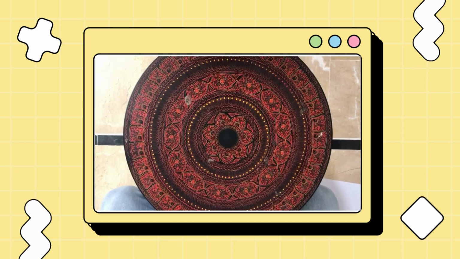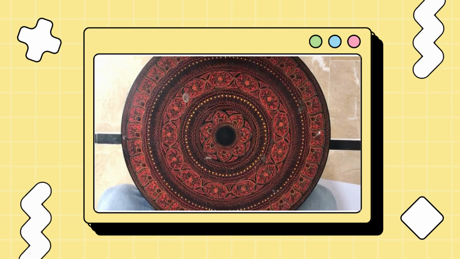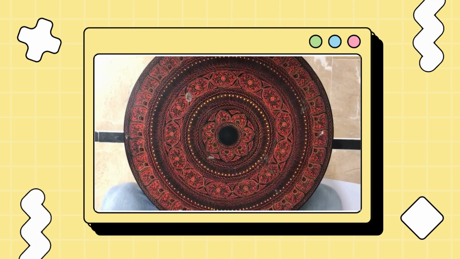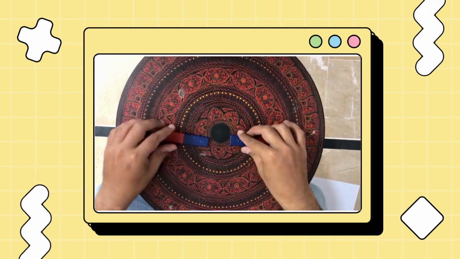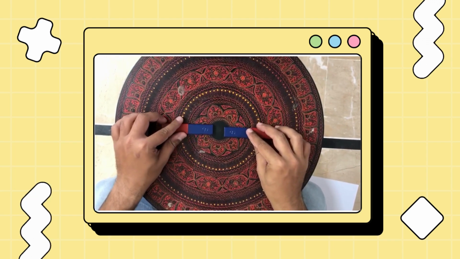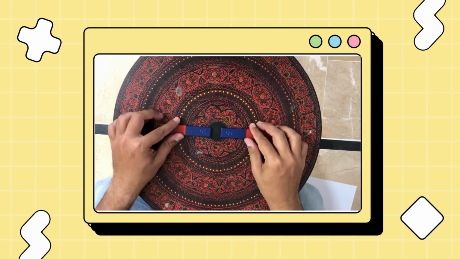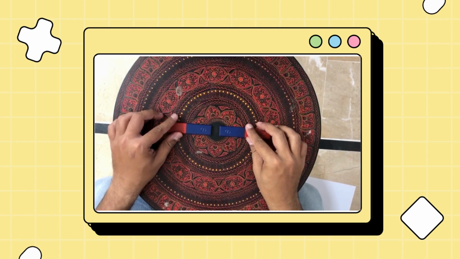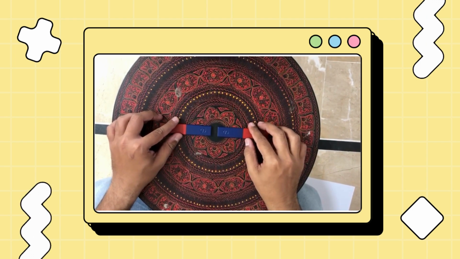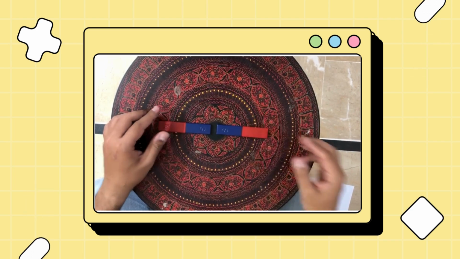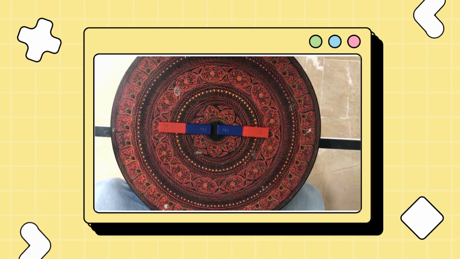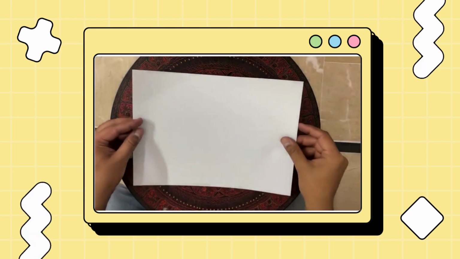Okay, now let's look at the pattern of the magnetic field when we put two like poles together. So place your bar magnets with like poles facing each other on the table. Make sure they are close to each other. Now put your white sheet on top of it and sprinkle some iron filings on it.